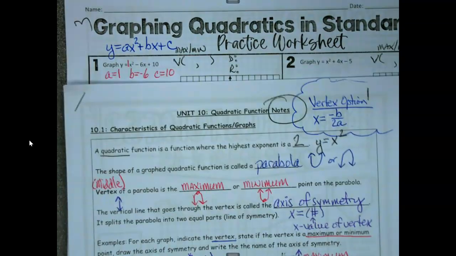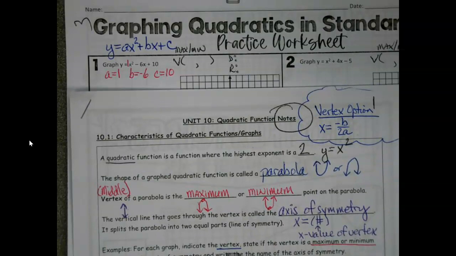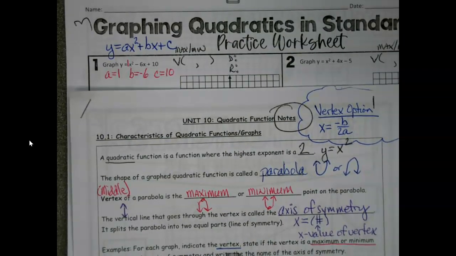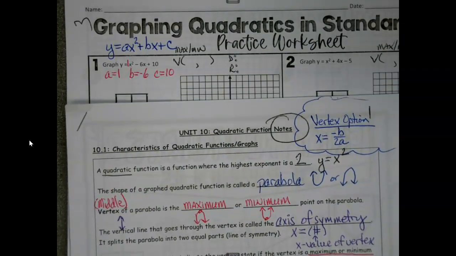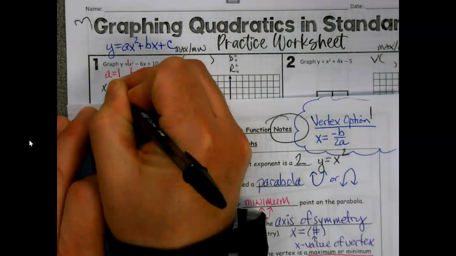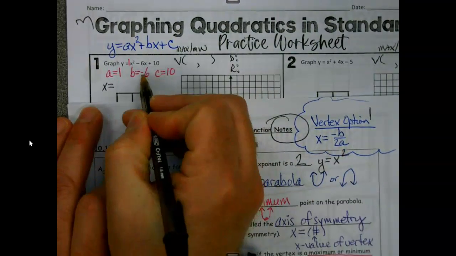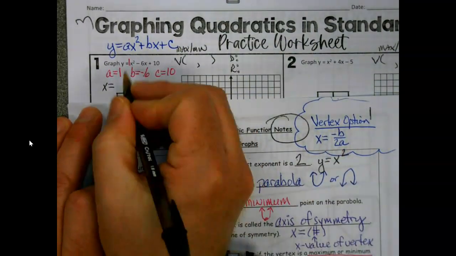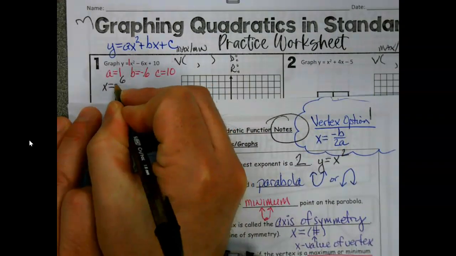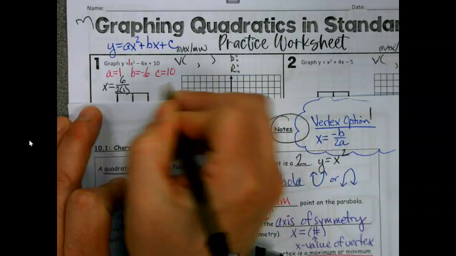And my c would be 10. So to find the x value of my vertex, if I didn't want to just go searching around, we'd do this negative b over 2a thing. So we do the opposite of negative 6, which is positive 6, over 2 times 1.